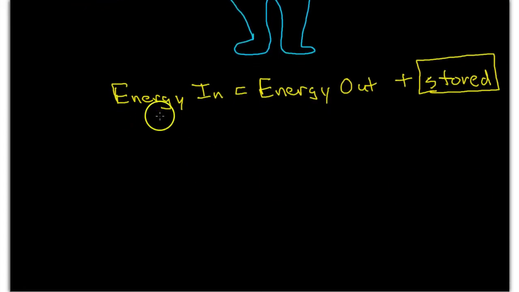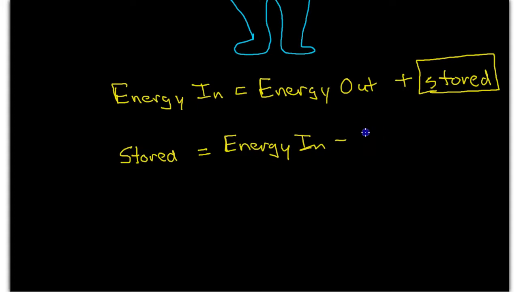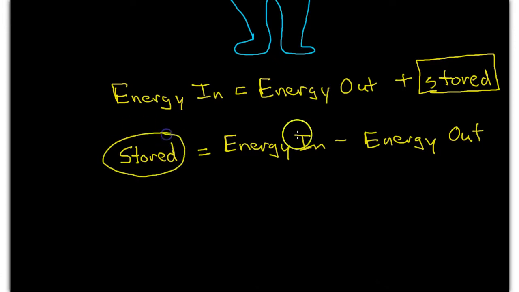I'm going to manipulate this formula, and we end up with energy stored equals energy in minus energy out. Simple formula, but it's really important to understand the underlying concept of where the stored energy is coming from.